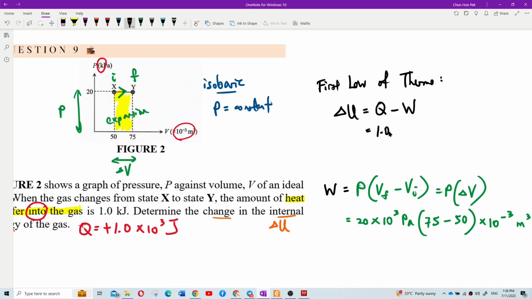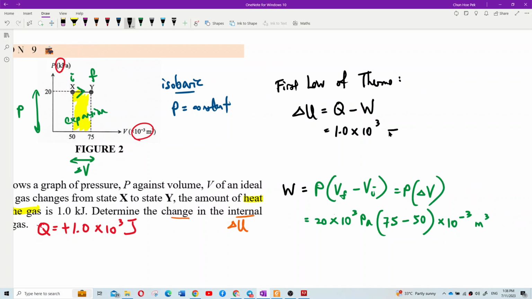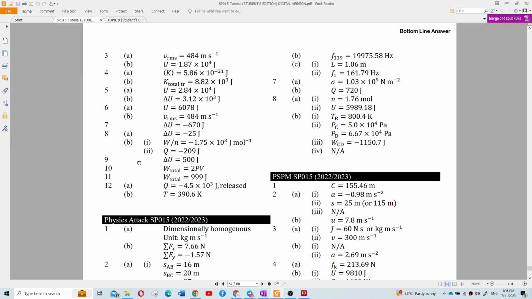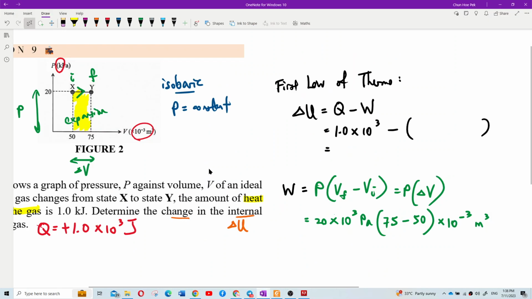Yeah, 1.0 positive lah, because heat absorb. Okay, and then minus all the answer, what you get from your work done. So delta U, what do you get for delta U, class? So the answer is question 9. Delta U is positive 500 joule.